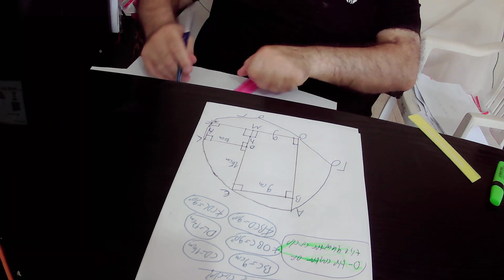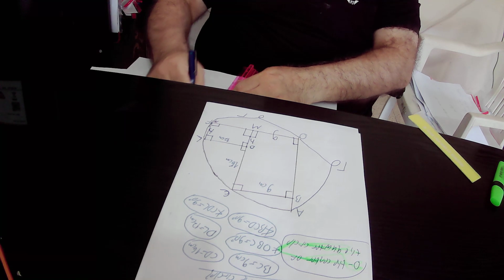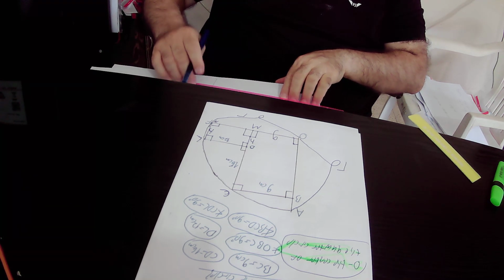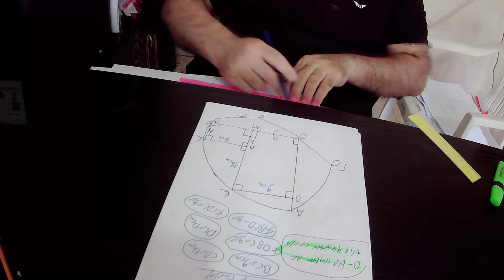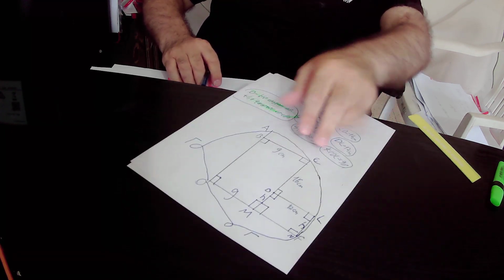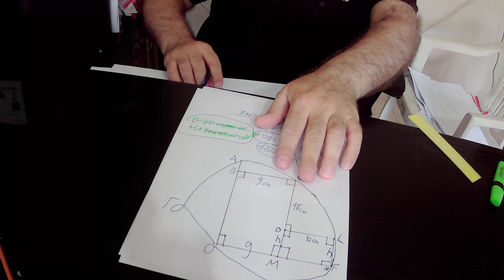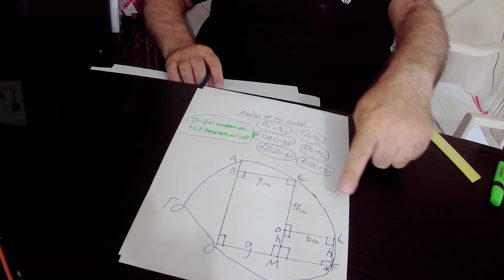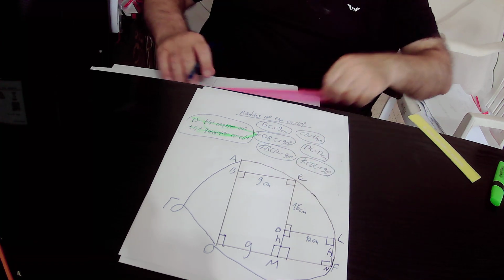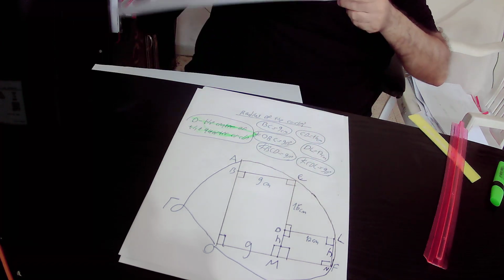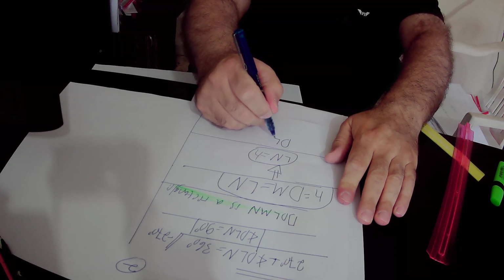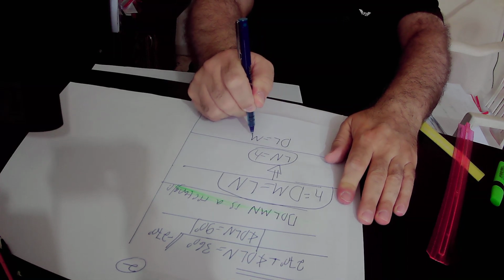Likewise, according to the same rule that the opposite sides of a rectangle are equal to each other, in rectangle DLMN, we get that side DL equals side MN.